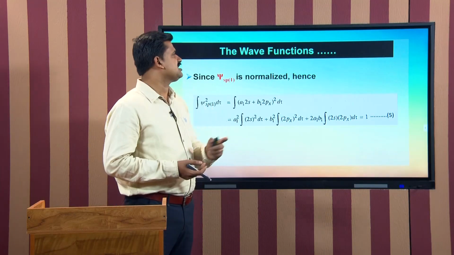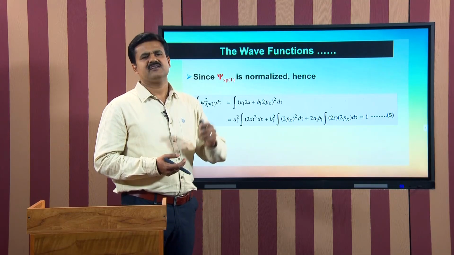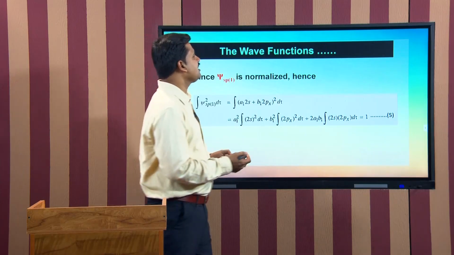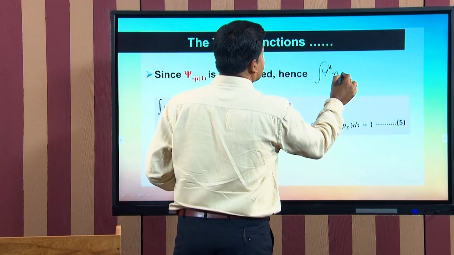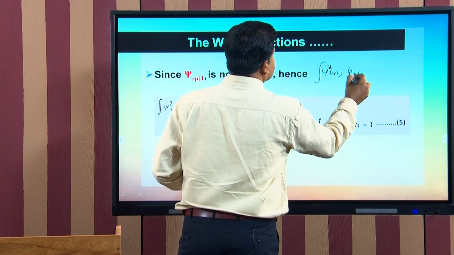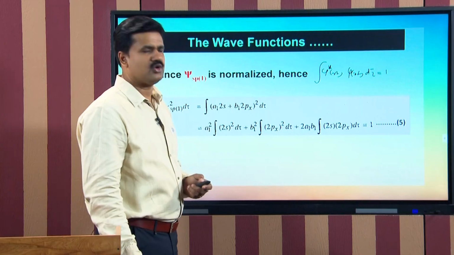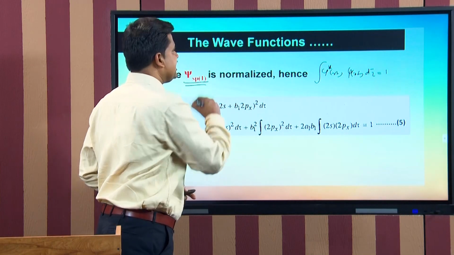The wave functions are continuing. It should be noted that the wave function psi sp1 is normalized. We know the condition for normalization: integral psi star r psi r d tau is equal to 1. This is the condition for normalization. So, instead of psi r, I am taking psi sp1.